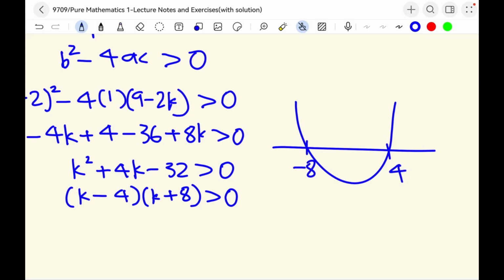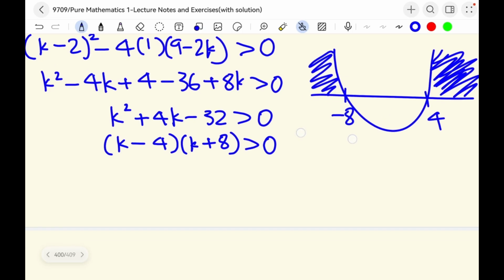And when it is greater than 0 means what? We are taking the range, the set of values above the graph over here. So this is our range of values. Therefore, the set of answers is k is less than negative 8 and k is greater than 4. That's our final answer for the set of values.